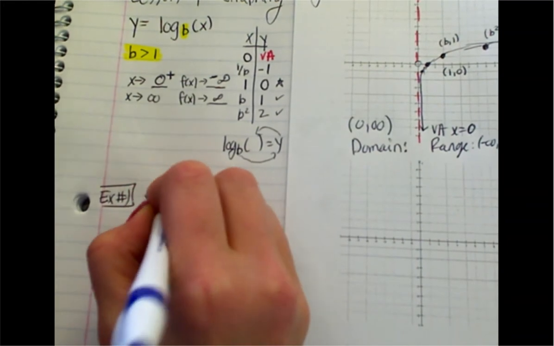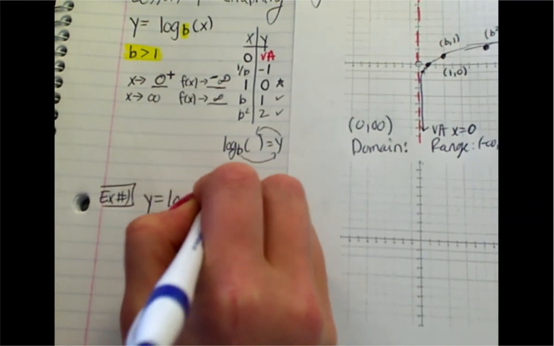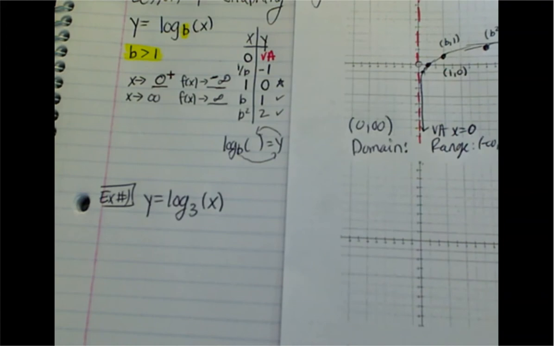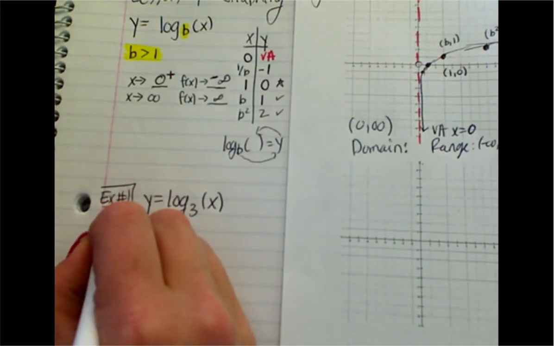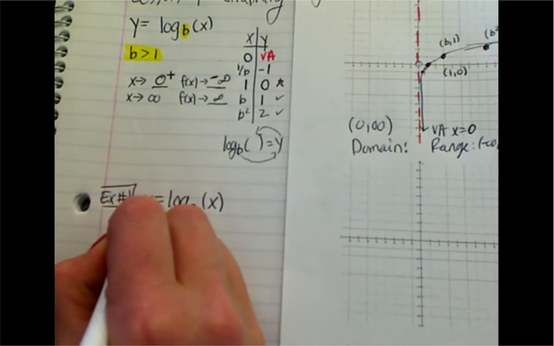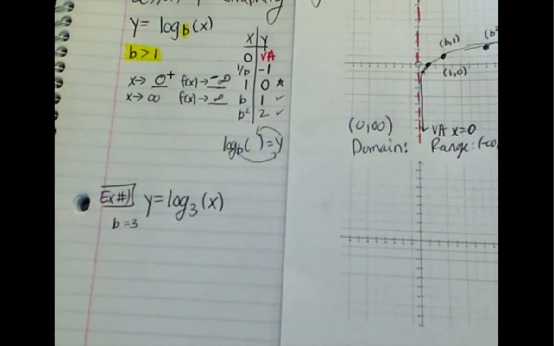Okay, so y equals, let's graph log base 3 of x. So now I gave you a number. Where are the points going to go? We're going to answer the same questions. And so the base is 3 because that's going to affect my points.